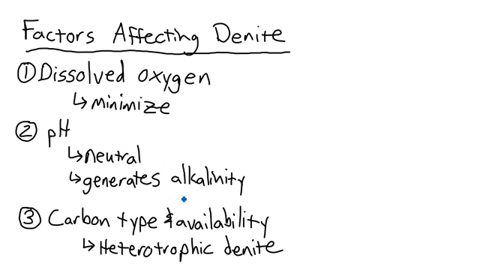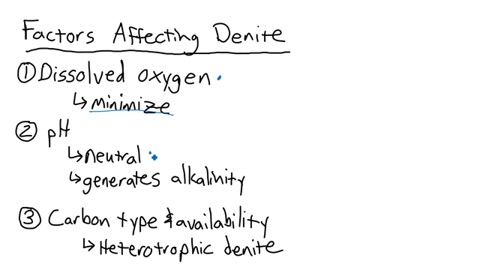Okay, so that's it for this lecture. We looked at the different factors that affect denitrification, and they include dissolved oxygen, and we want to minimize the amount of dissolved oxygen in our anoxic reactor so that we can maximize denitrification. pH is important.